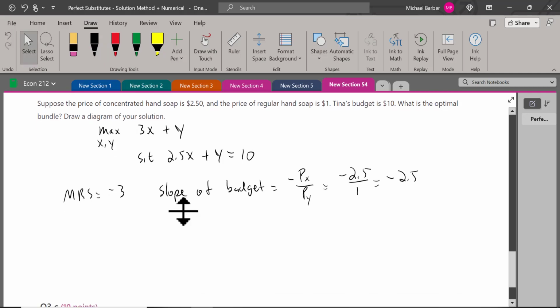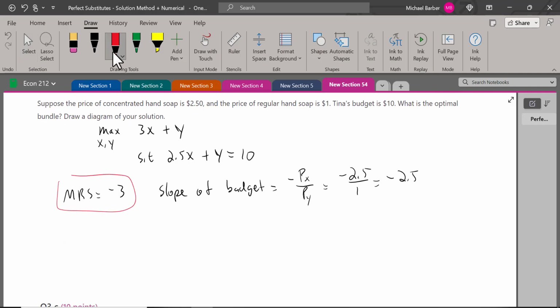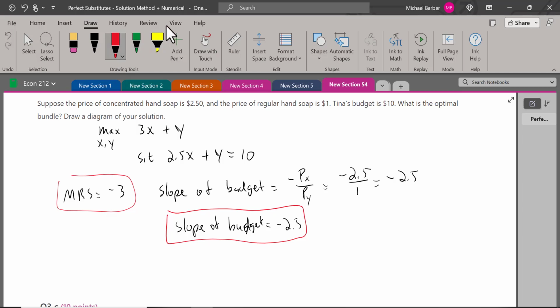So we can see, if we compare these slopes, equals negative 2.5, slope of the budget. If we compare these two, we can see that the budget constraint is flatter than the indifference curve, right?